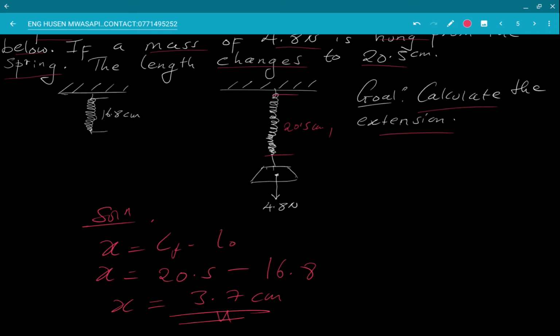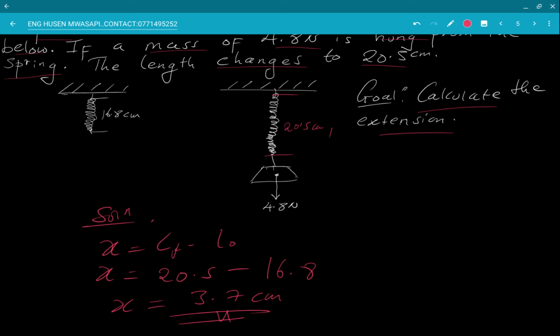As simple as that. This will be our extension. Remember that extension is simply the increase in the length of the spring. So this is showing us that 3.7 centimeters was how much the length of this spring had increased when the force or the load was attached to the spring.